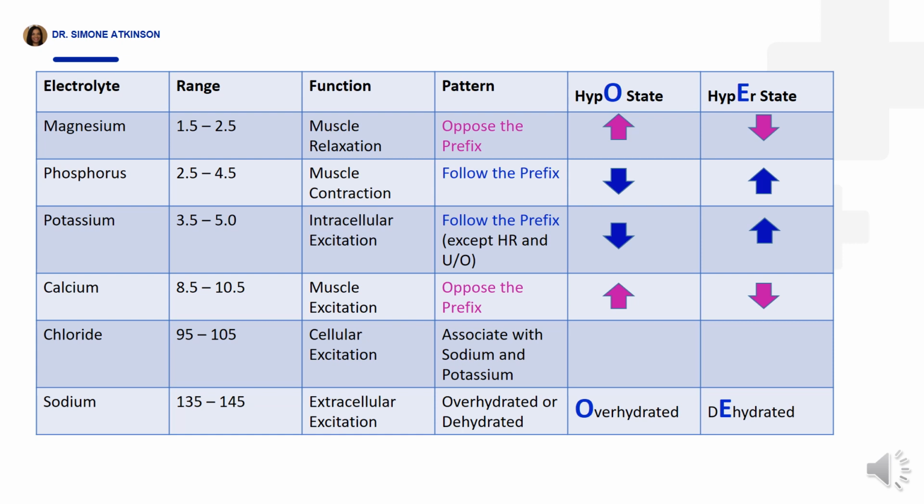And for the hyper state, think of the E in dehydration. So in the hypernatremic state, you would have symptoms manifesting of dehydration, such as thirst and dry skin and flushed skin and decreased urine output and fatigue and weakness and confusion, irritability, seizures, and even coma.